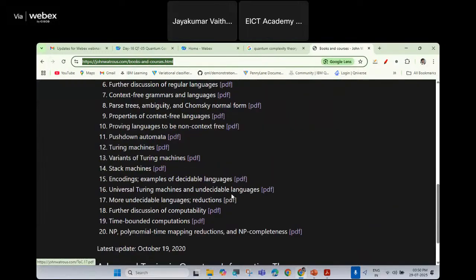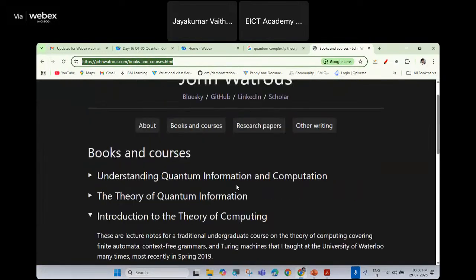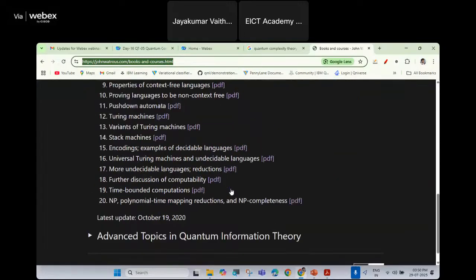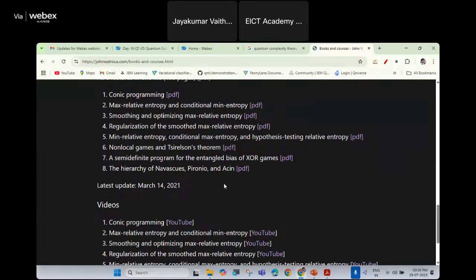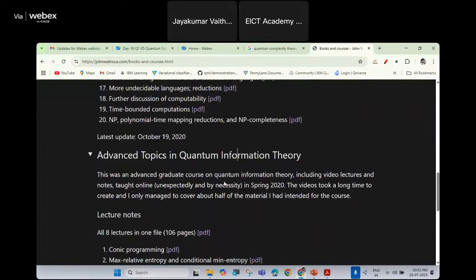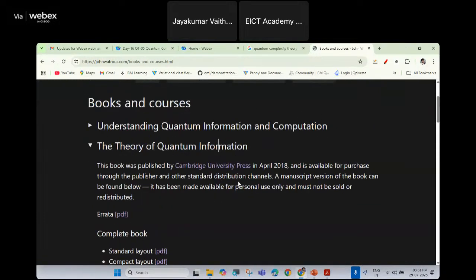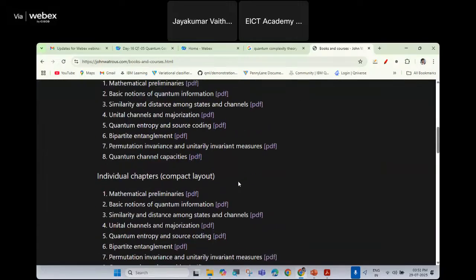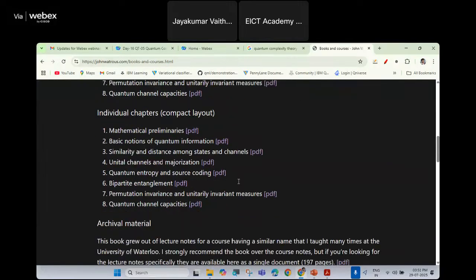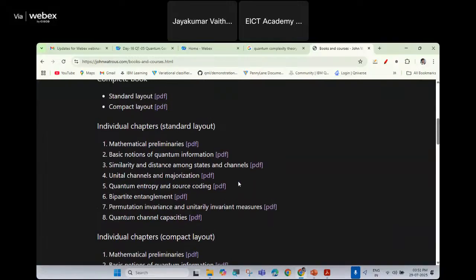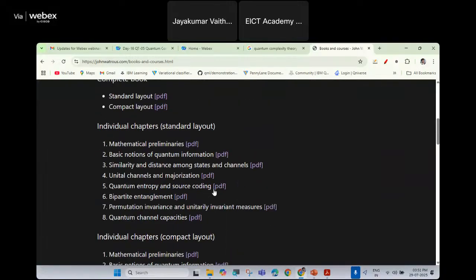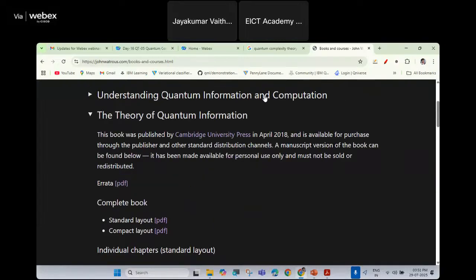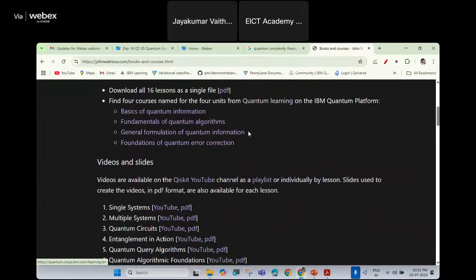All this material relates to complexity and the theory of quantum information. It is very difficult to explain, and it will take multiple years to get involved in quantum information and computation.